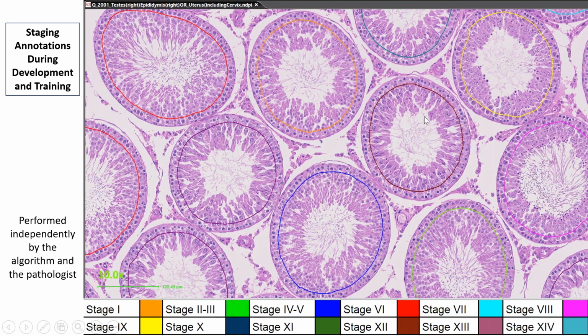And if you hovered over the annotation, it would tell you which stage it was. Then the pathologist went through independently and put a separate square annotation in the middle and said what they thought it was, and then we compared the two stages.